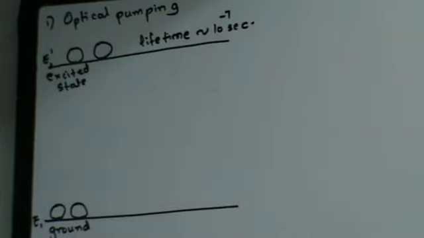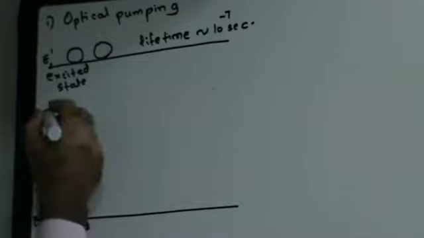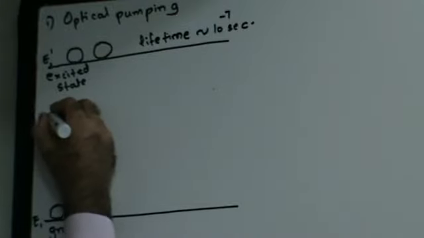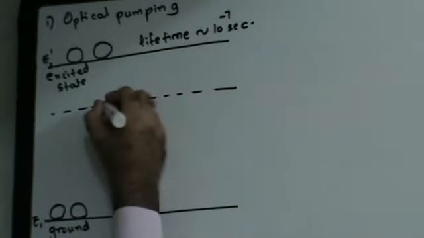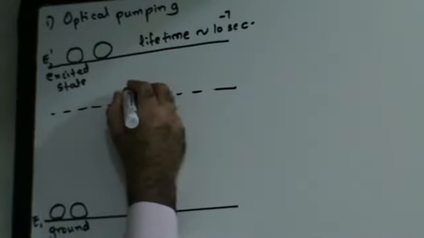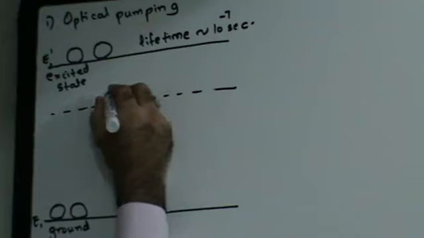That time interval is too short for a photon to hit it so that I can have amplification of the light beam. So it falls down to another energy level after 10 to the power of minus 7 seconds.